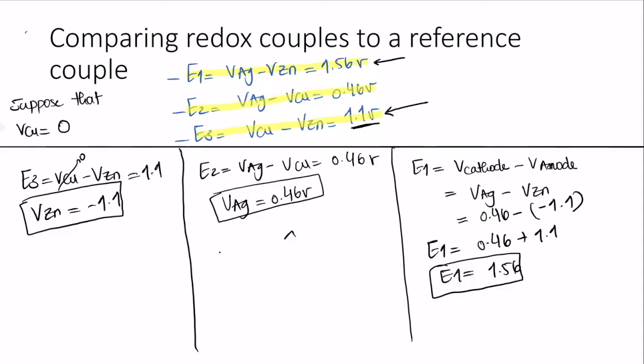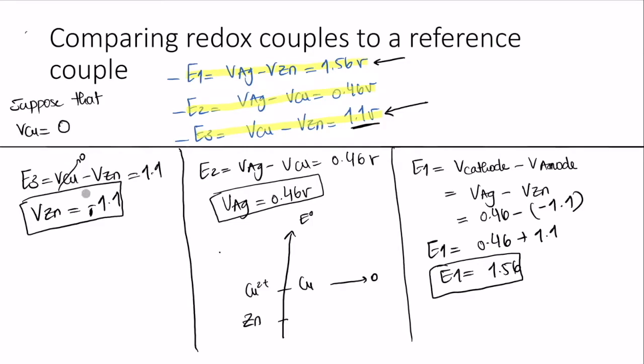Now if we want to draw the electromotive force axis, we can say that here the couple Cu2+/Cu represents the 0. Now VZn, the couple zinc, is below, has a negative.